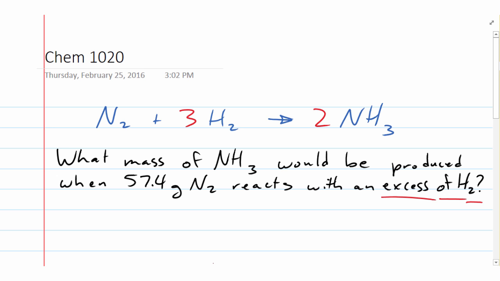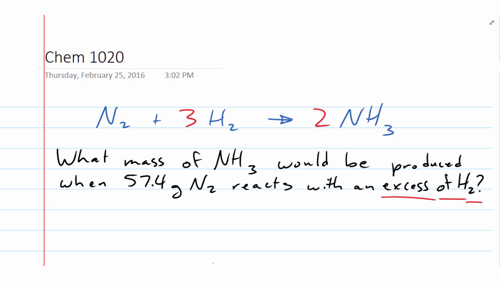If we go back to our sandwich example, if we wanted to make 40 sandwiches and we had our 20 slices of bread, and a big stack of ham, we're all going to be carnivores today, if you have an excess of ham, that means we have no problem making all of the sandwiches.